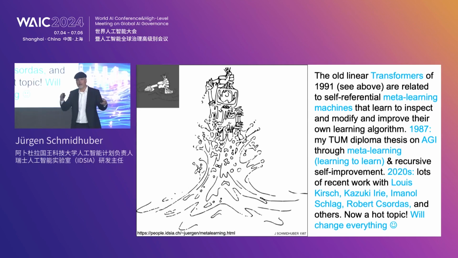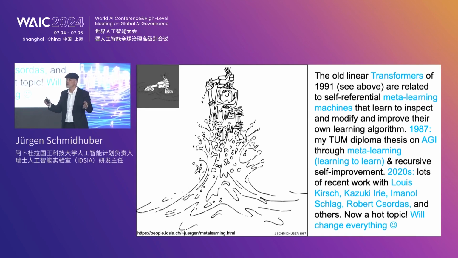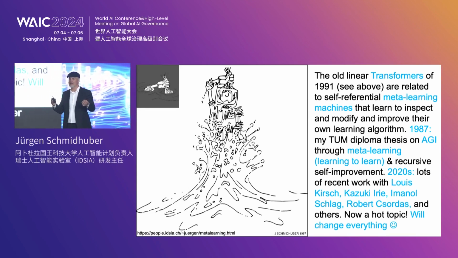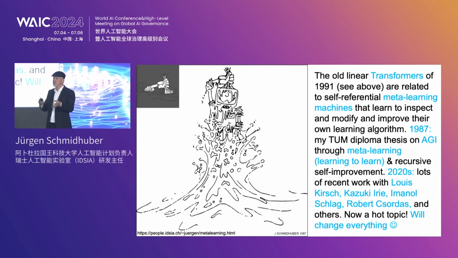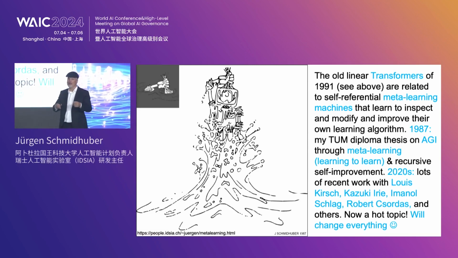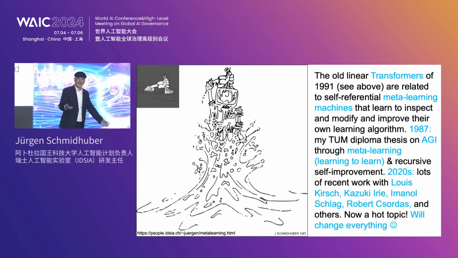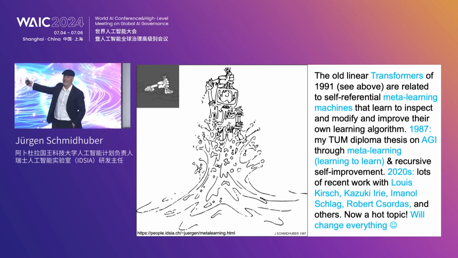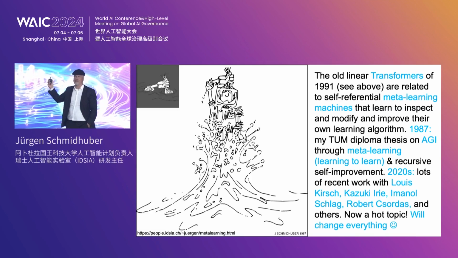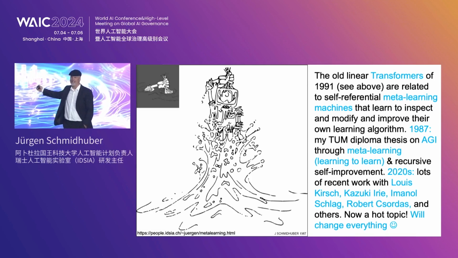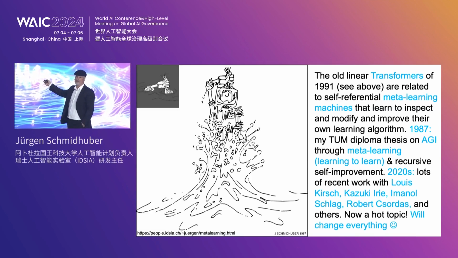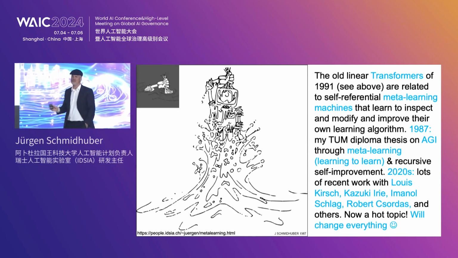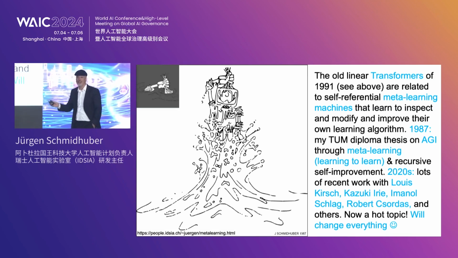The learning algorithm itself improves over time, and the way it improves, you improve the way it improves, and so on recursively, without any limits, except for the limits of computability and physics. And my 1987 diploma thesis about AGI was about that. And here you see the cartoon that I drew for the cover of my diploma thesis, 1987. Back then, nobody was interested in that. But today, it's a hot topic.